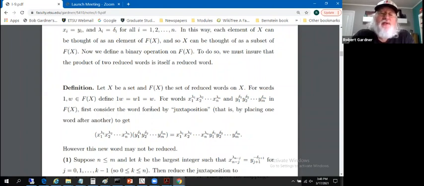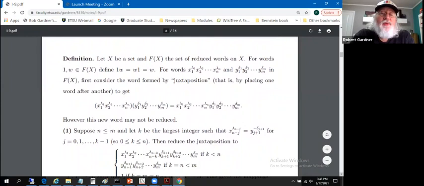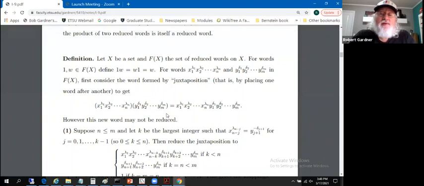We first consider the word formed by juxtaposition, that is, placing one after the other. So it won't be a surprise, this binary operation we're defining won't be commutative. So we'll first take the word with the x symbols and follow it with the word with the y symbols. So that produces simply this word.